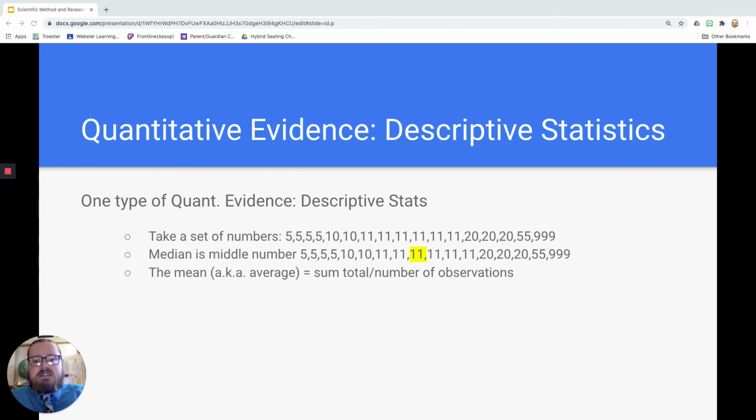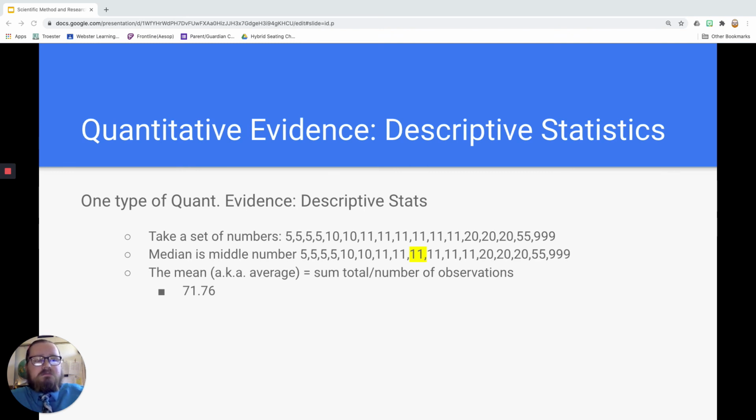Now, the mean, in the mathematical sense, is the sum total of observations. So we add up all 17 of those numbers in that list above, and then we divide that sum total by the number of observations we have. So that total divided by 17. And the number we get from that is 71.76.